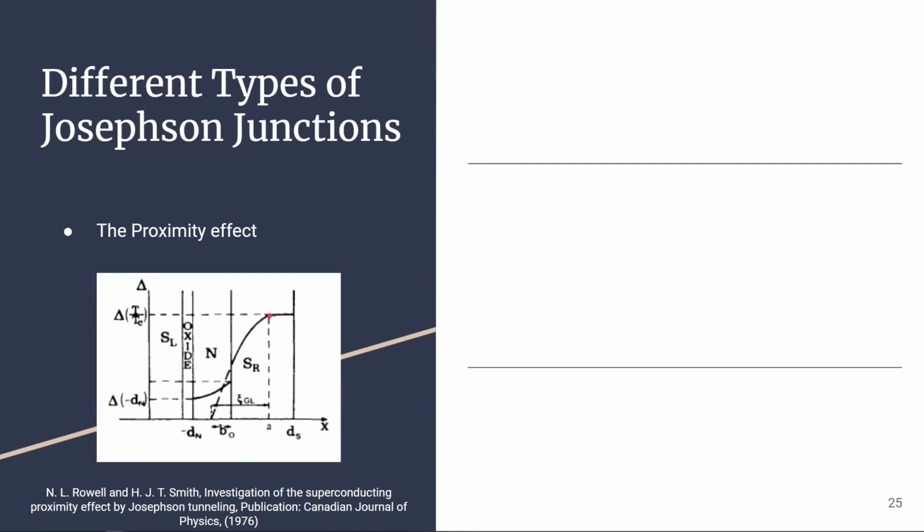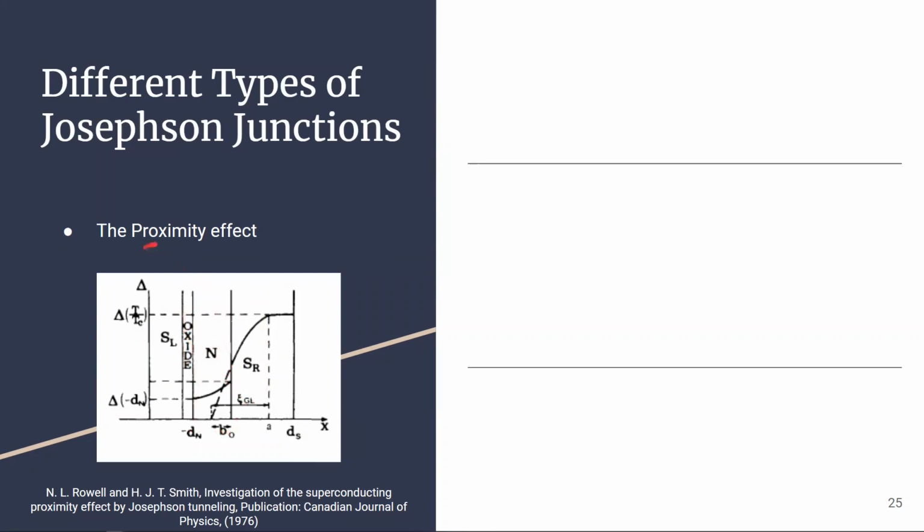Here we have a superconductor on the right, and this is just a normal metal here. So this is an interesting junction, different than the ones we have investigated so far, because we always had S, an insulating barrier, I, and S, which is the other superconductor. But here there's a normal metal.